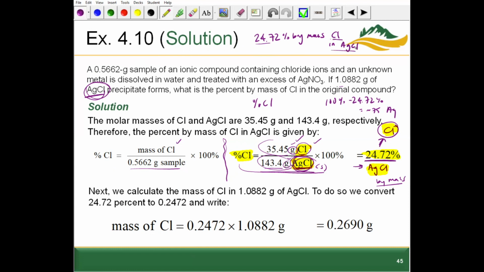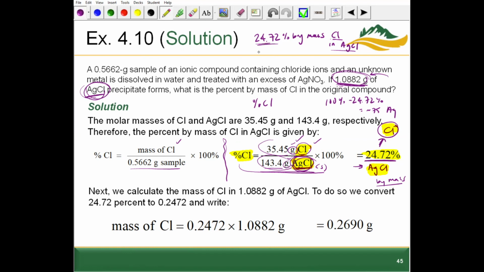Now to further connect this, we were told that altogether silver chloride precipitate formed and it weighs this much. That means that out of this many total grams, 24.72% of this mass is going to be composed of Cl, or attributed by Cl. Then the other portion of that mass, of course, has to come from the silver.